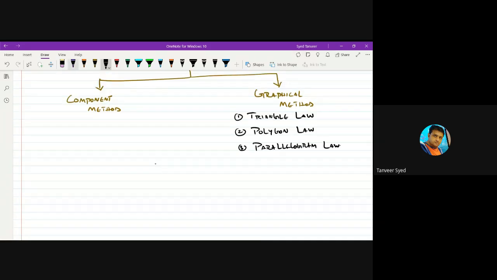The first point that you should note is, while handling vectors, you should be very careful about the direction of vectors. Vectors are not ordinary quantities. They have a specialty: direction. That is their significance. So this direction should be kept in mind whatever operation you do on vectors. You cannot ignore the direction. 10 meter east is different from 10 meter west.